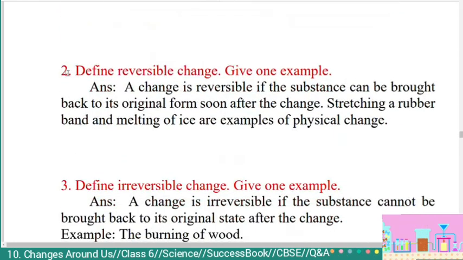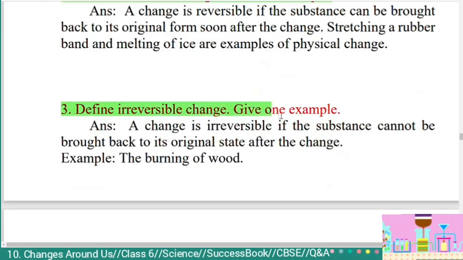Second question, define reversible change. Give one example. Answer, a change is reversible if the substance can be brought back to its original form soon after the change. Examples are stretching a rubber band and melting of ice. These are examples of a physical change.